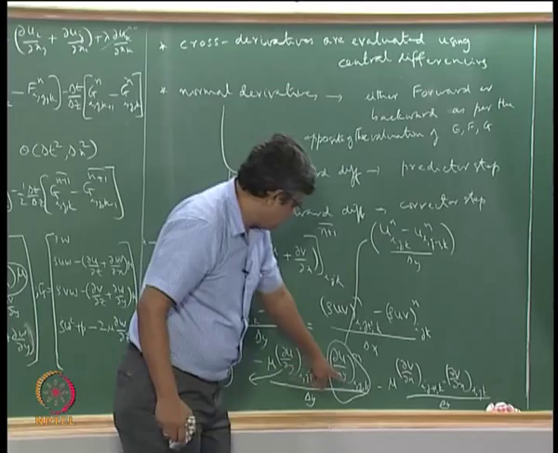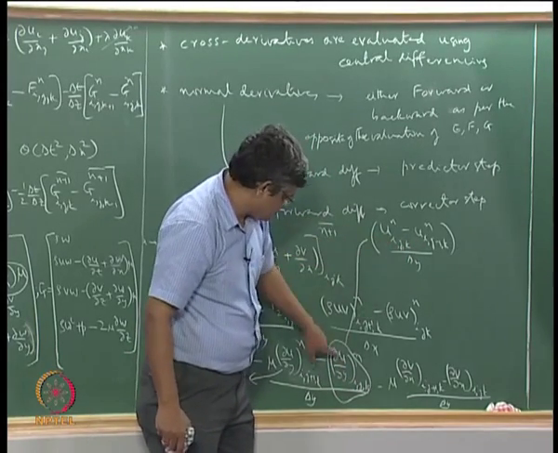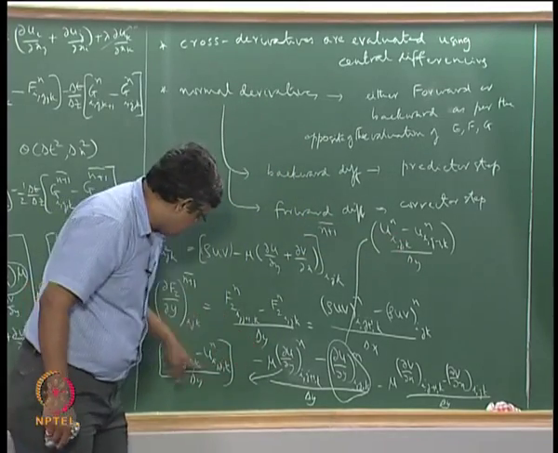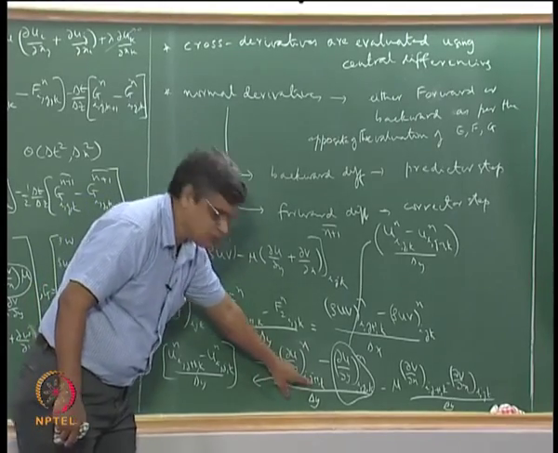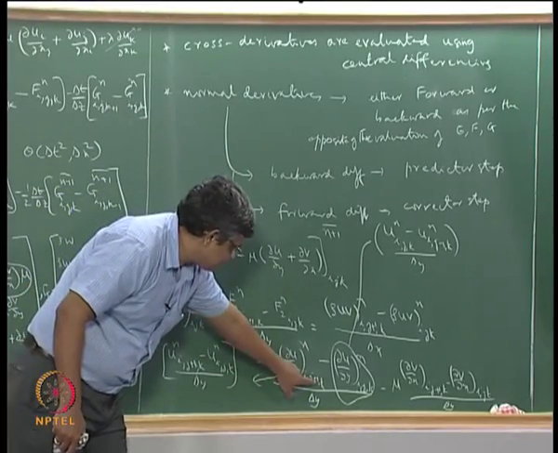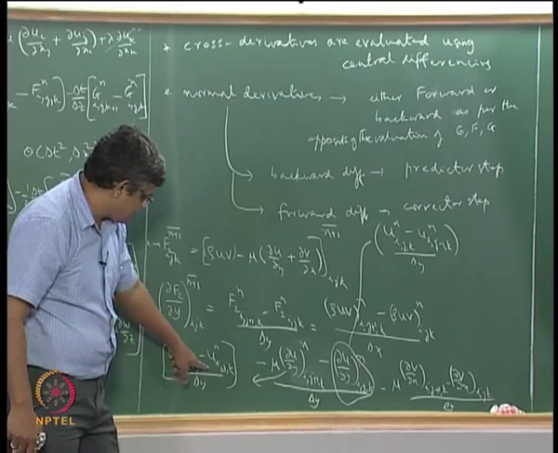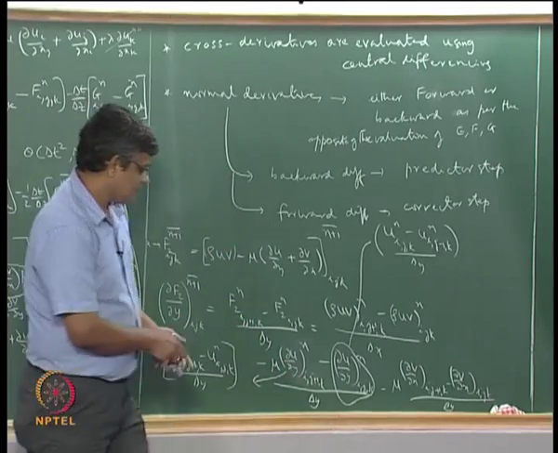You can see that this is a backward differencing approximation for dou u by dou y at ijk. This is a backward differencing approximation for dou u by dou y at i, j plus 1, k. Okay, so because this is j plus 1 here, we seem to be getting a forward differencing, but this is actually a backward differencing when you evaluate this at i, j plus 1, k.